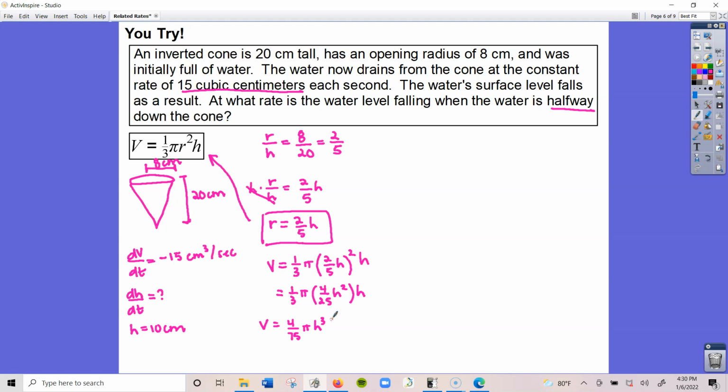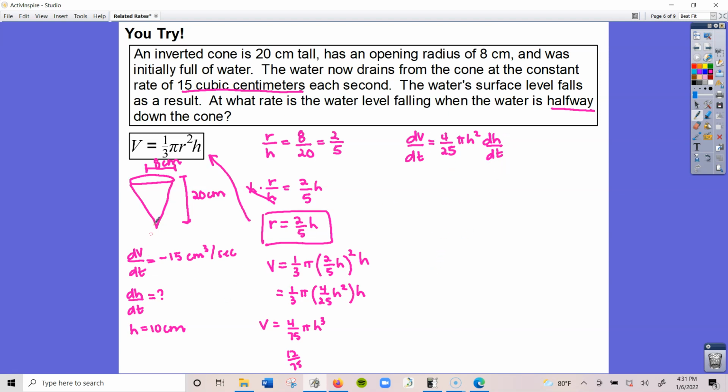At this point, once you have rewritten your volume equation, now we take the derivative. So dV dt is going to equal 3 times 4 over 75, which is 12 over 75. And 12 over 75 can be simplified by 3, which is 4 over 25. So 4 over 25 pi h squared dH dt.